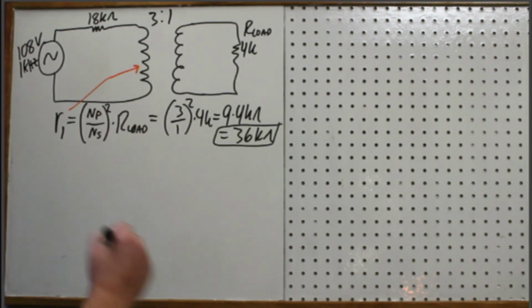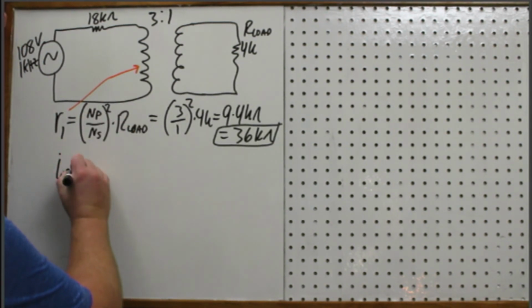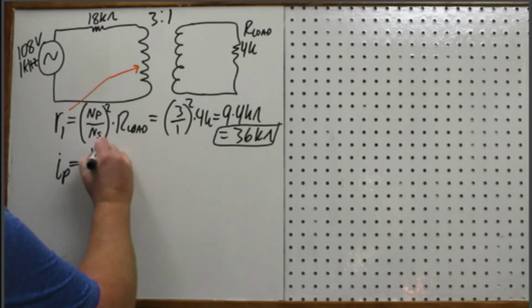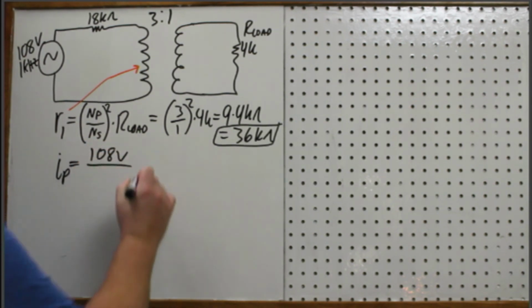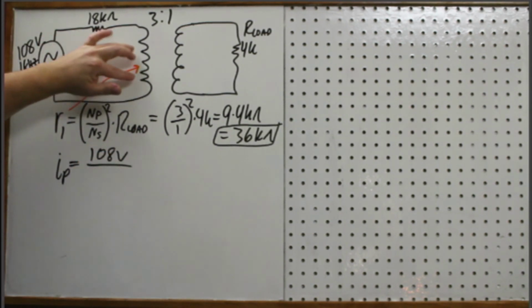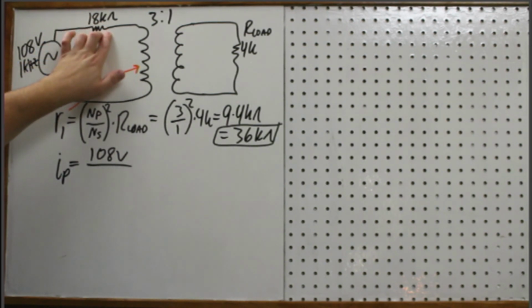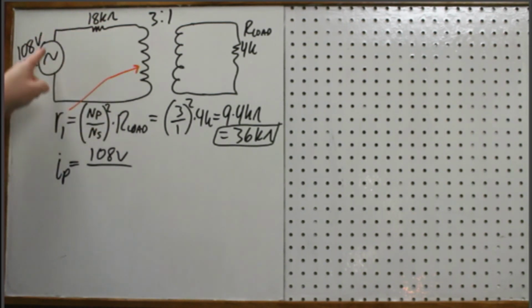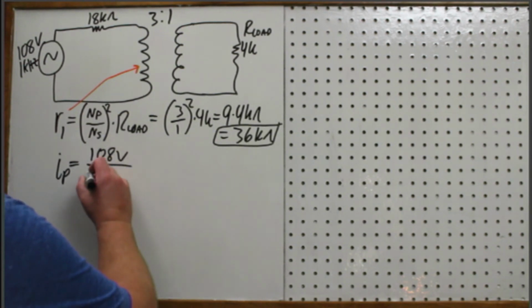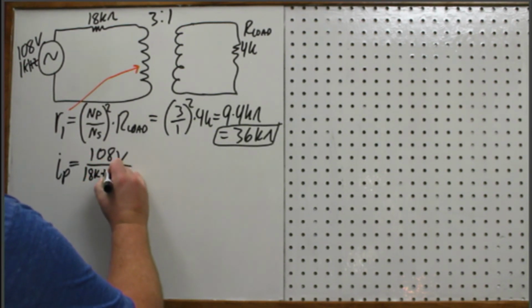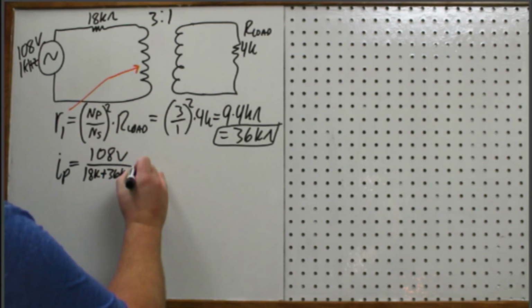So the difference is when I go to find the primary current, I have 108 volts still, but now I have to do this resistance plus this resistance because this is a little series circuit. So I've got in the denominator 18K plus 36K.